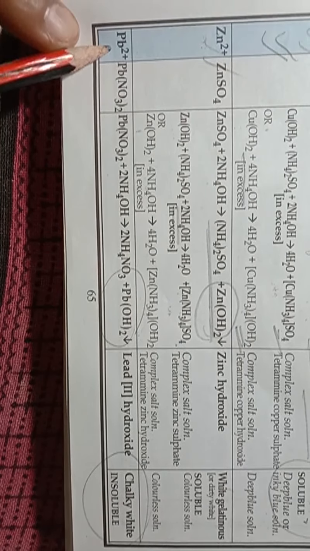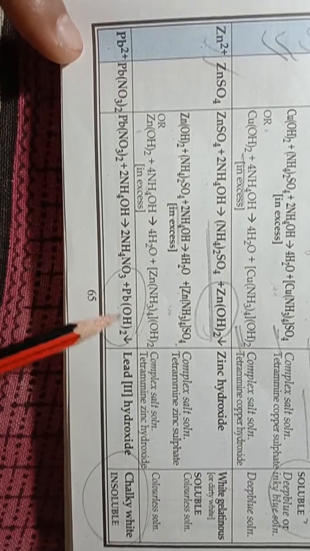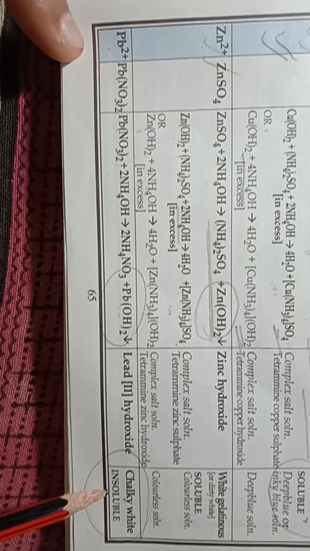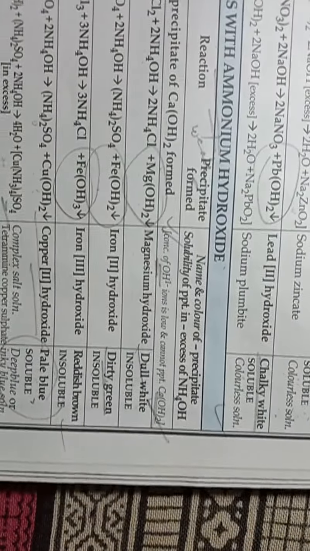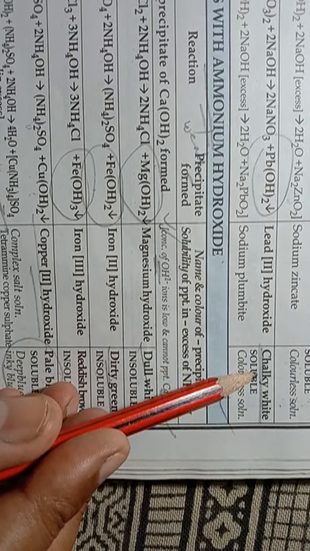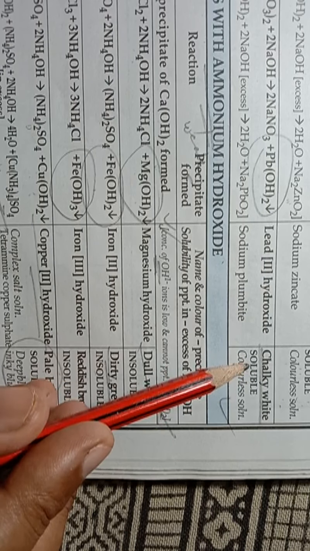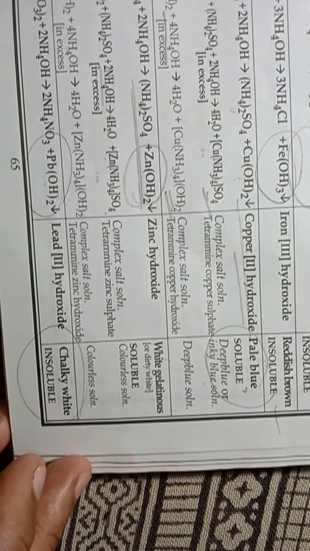Then the last ion, lead ions, and these form lead hydroxide, chalky white PPT, which is insoluble in excess of ammonium hydroxide. Okay, students. As from here you can see the difference: lead hydroxide is soluble in excess of sodium hydroxide, whereas it is insoluble in excess of ammonium hydroxide.